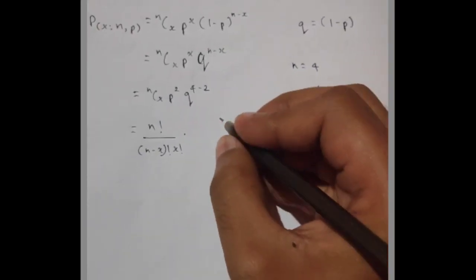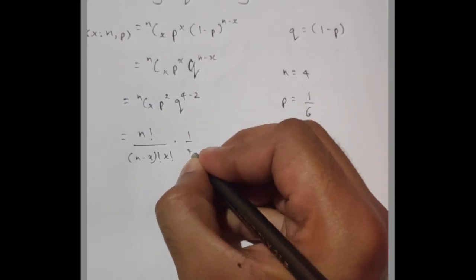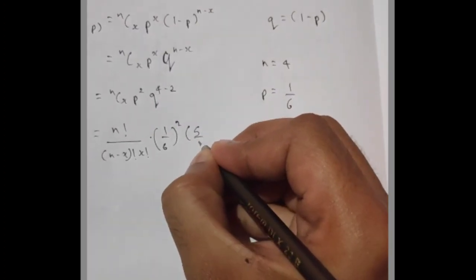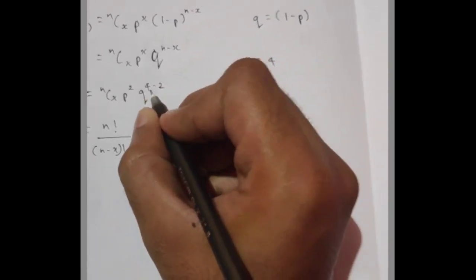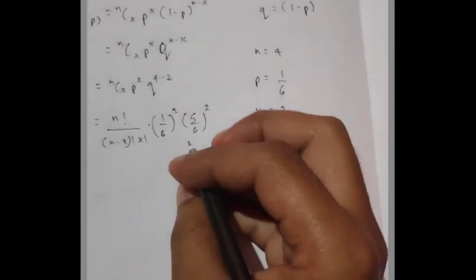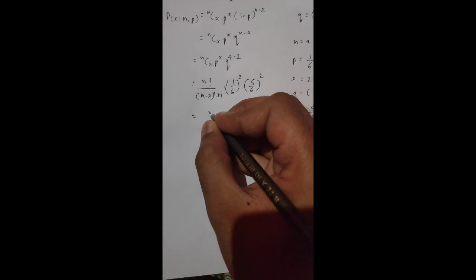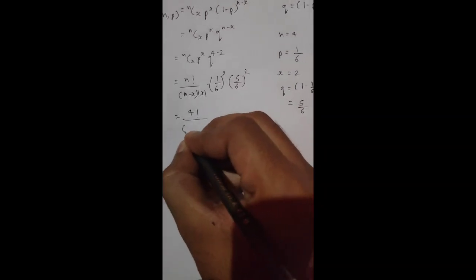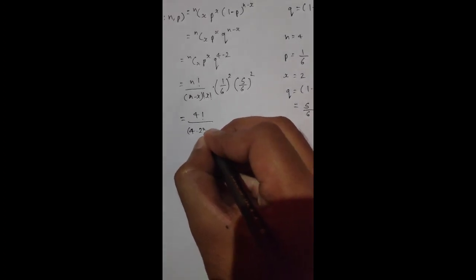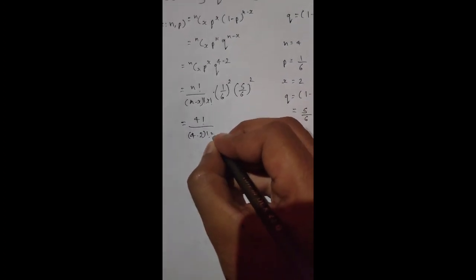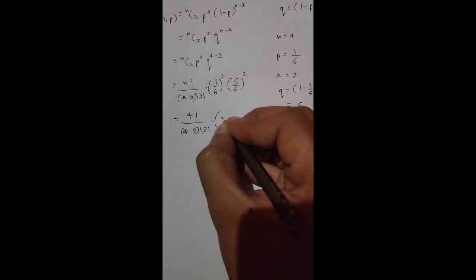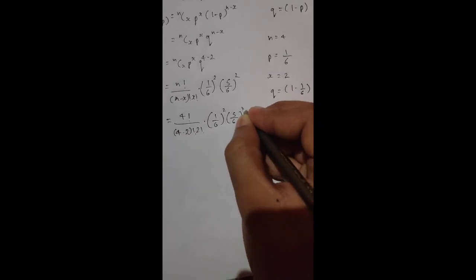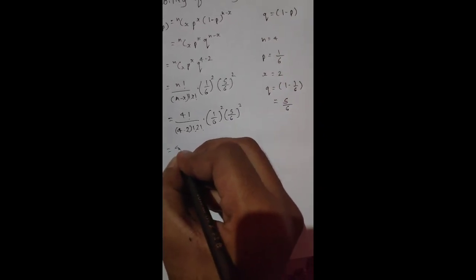So we get 1 by 6 whole squared and 5 by 6 whole squared, since 4 minus 2 is 2. Let's put in the values of n and x here. So it becomes 4 factorial by (4 minus 2) factorial 2 factorial, times 1 by 6 whole squared, 5 by 6 whole squared.